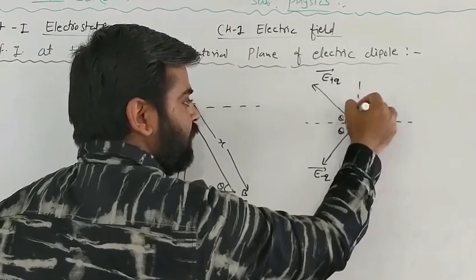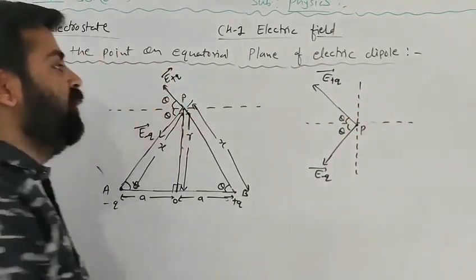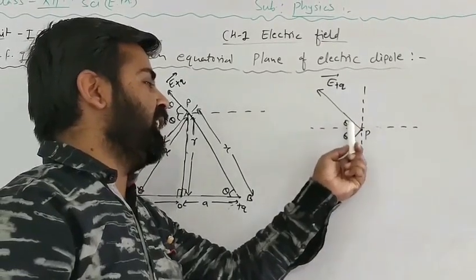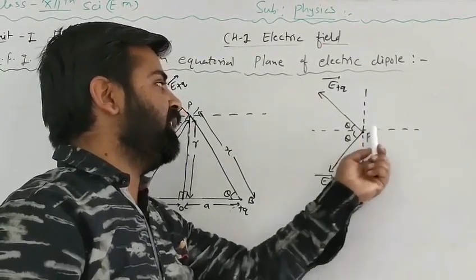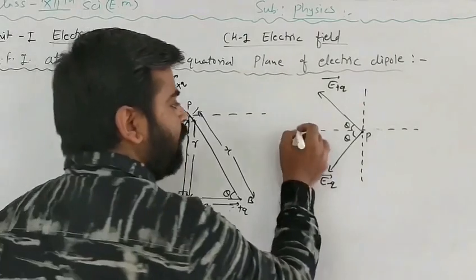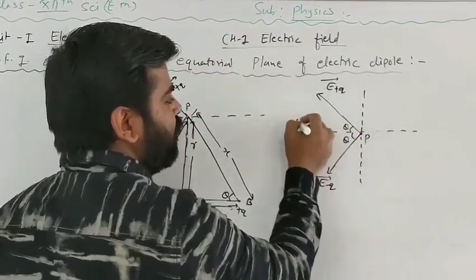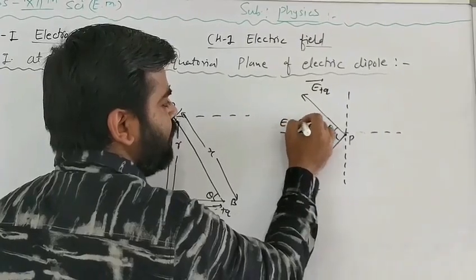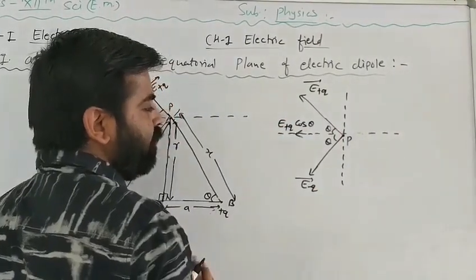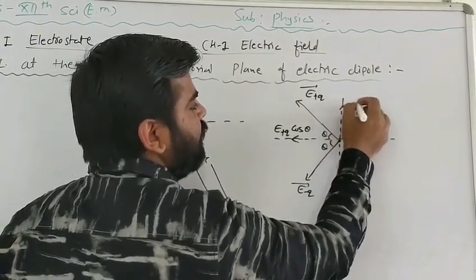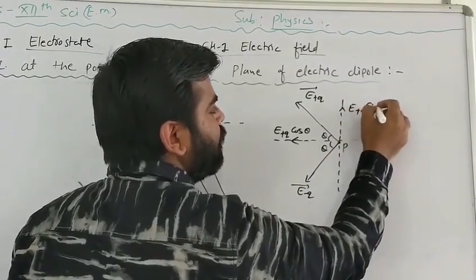In resolving, as we know, the vector which makes theta angle from the line, this is called its horizontal component and is drawn by cos theta: E plus q cos theta, and this one is E plus q sin theta.